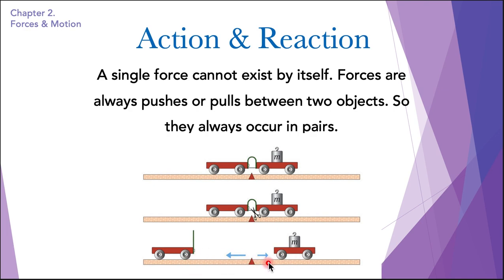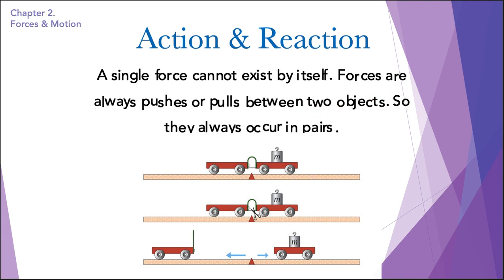That is why they didn't cancel each other out. If there is only one object on which the forces are applied, then they would cancel each other out. So as it is said over here as well, forces are always pushes or pulls between two objects, not a single object.